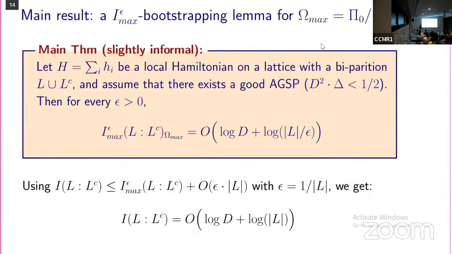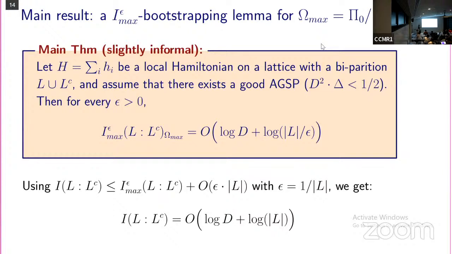Okay, so now I can state the main result. The main result says that if we have a local Hamiltonian and we have some bipartition of this local Hamiltonian into L and the rest of the system, and suppose God has given us this nice AGSP with d squared times delta smaller than 1/2, then the epsilon maximal mutual information satisfies this bound.